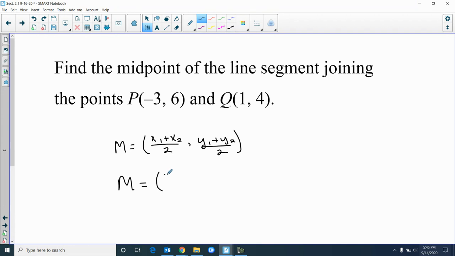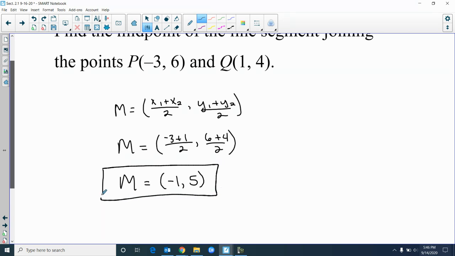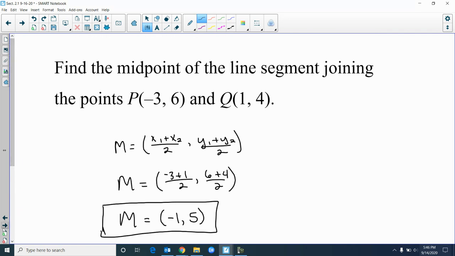That will give me -3 plus 1 over 2, comma, 6 plus 4 over 2. -2 divided by 2 should be -1, and 6 plus 4 is 10. 10 divided by 2 is 5. So your midpoint, as an ordered pair, is (-1, 5).